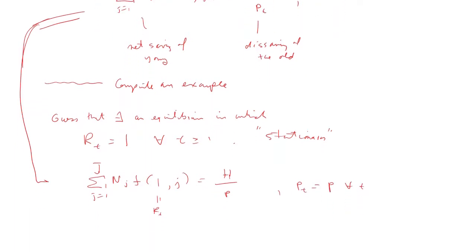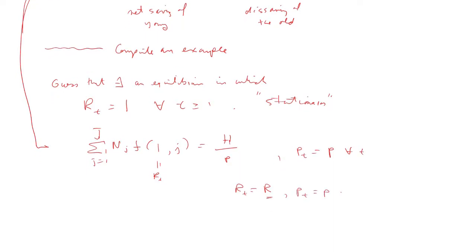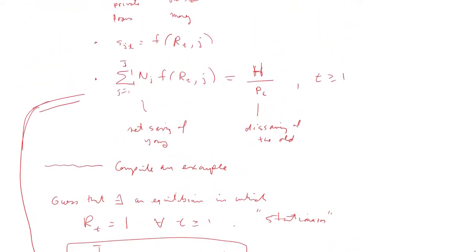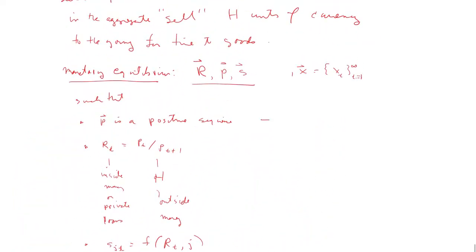That's what stationarity does. So stationarity gives me RT is equal to a fixed number, and pt equals p. I substitute that guess, and now I have to solve this equation. If I can solve this equation for a positive p, remember my p has to be positive, that's one of my requirements.